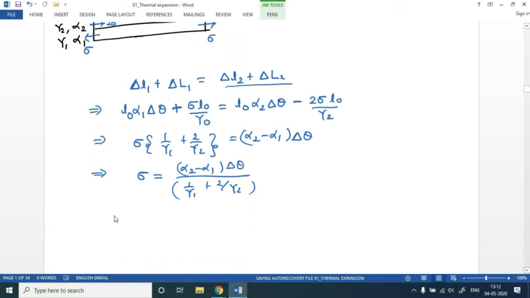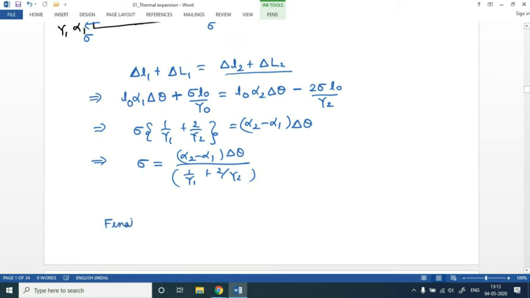When we are looking at the final length, you can write either of these terms, either this or that. So let's choose to write it as delta L1 plus delta capital L1, and we have already got its value. Let's substitute the value. L naught you can take common, and alpha 1 delta theta, and we will be writing sigma by y1.